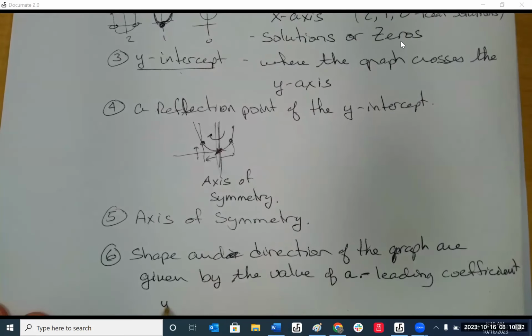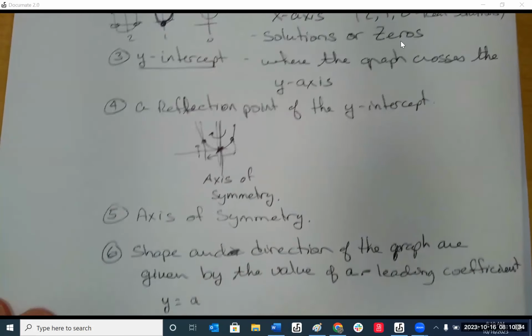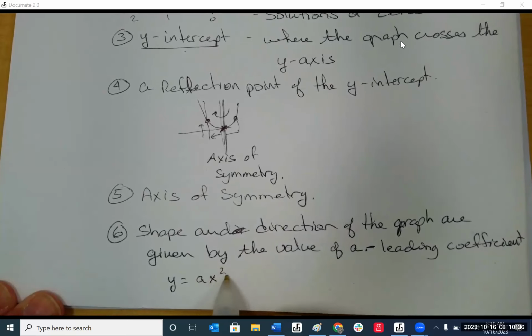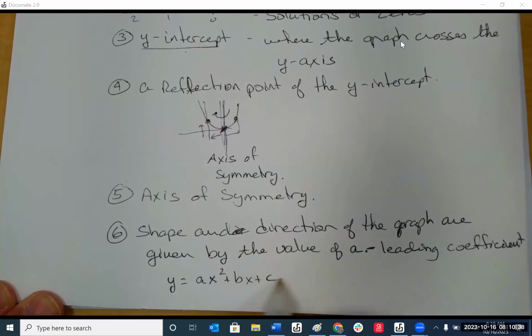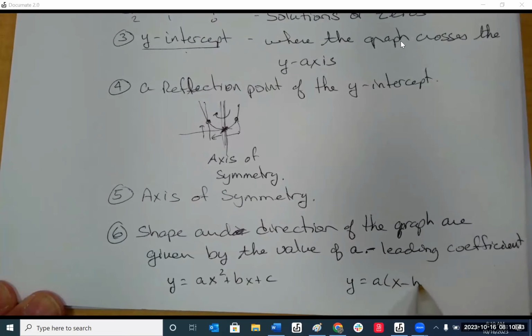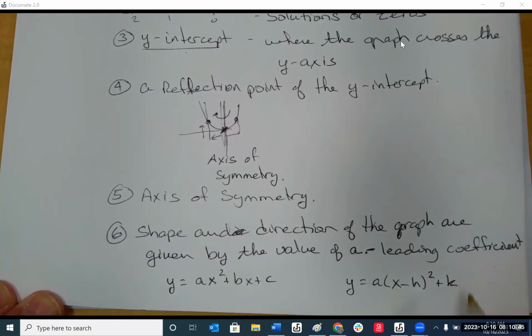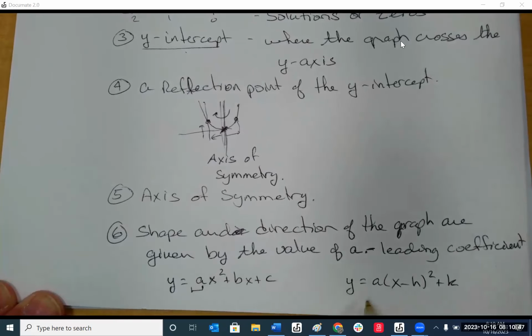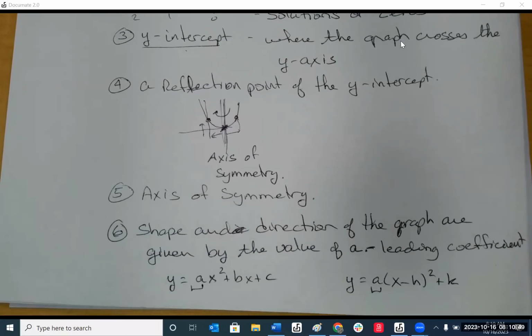So in our two forms, this a and this a will tell us the shape and the direction of the curve.